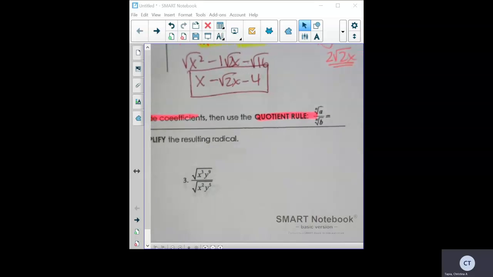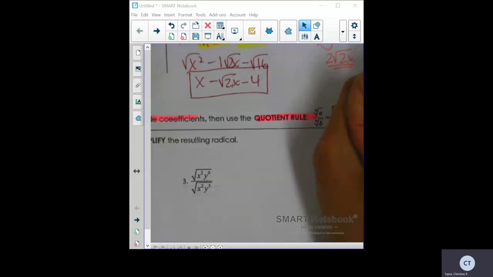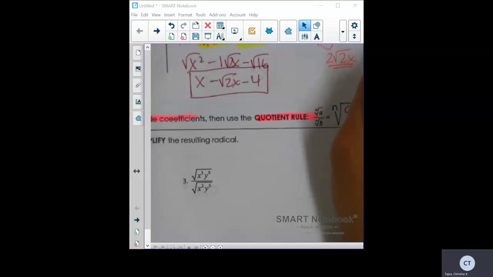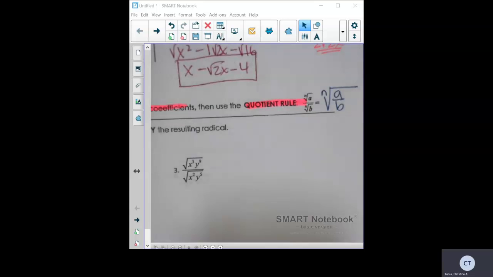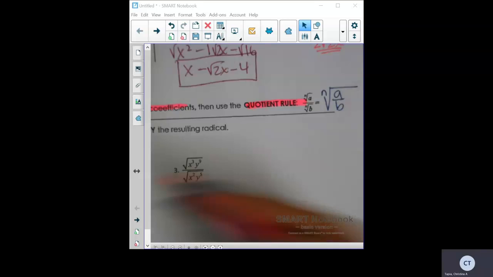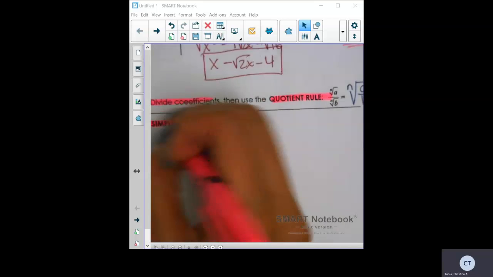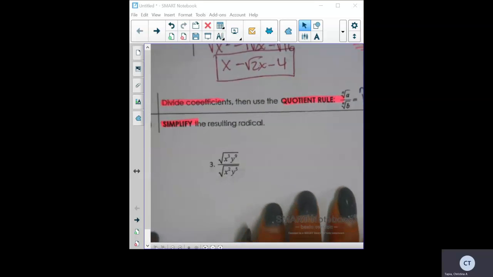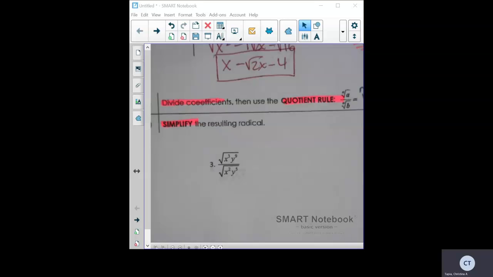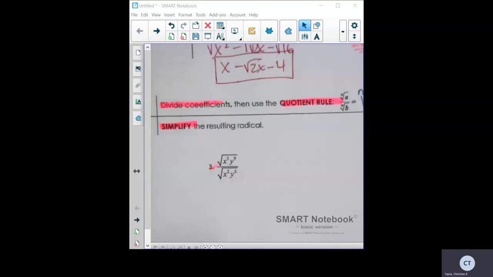What I mean by the quotient rule is you're going to take, if it has the same index, whatever that index is, and you're going to divide the 2 values or numbers that are underneath that radical. So just divide them like normal. Once you do that, simplifying by dividing your coefficients and your radicands, you're just going to simplify your final problem. I'm going to do questions 1 and 3 on that first page.